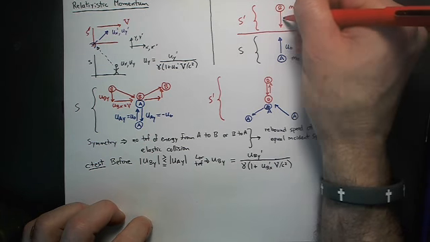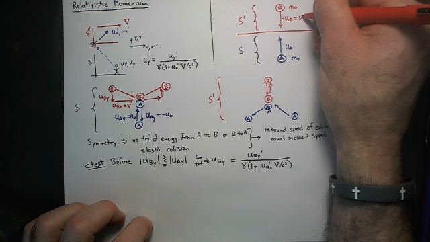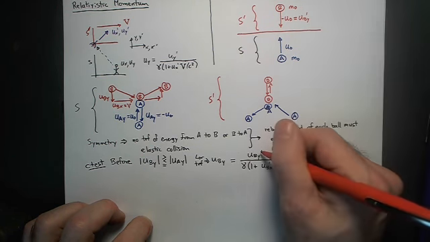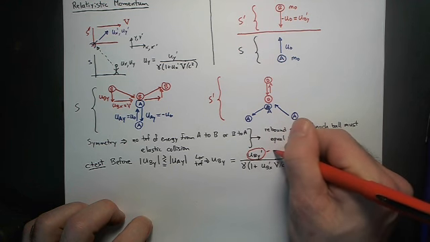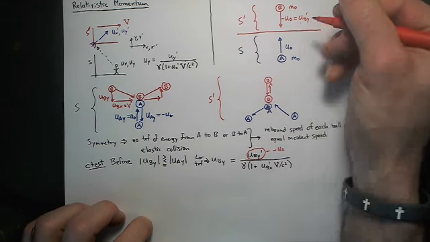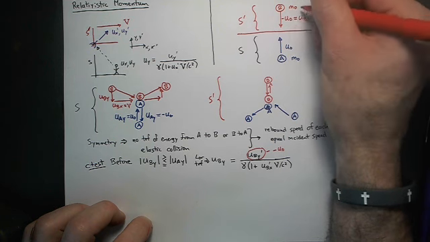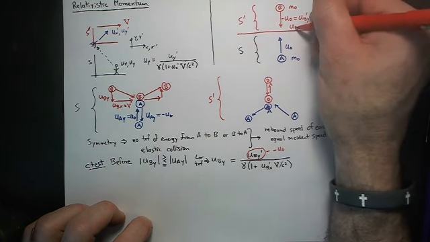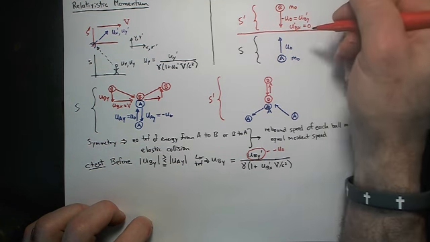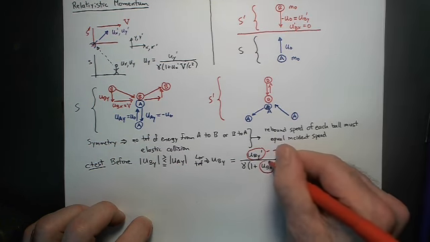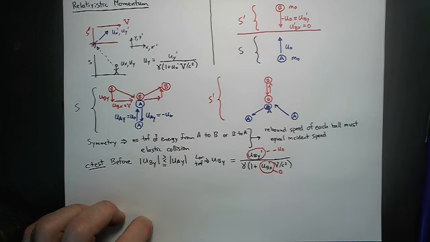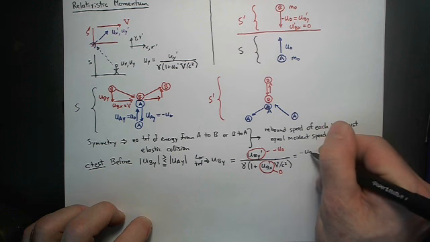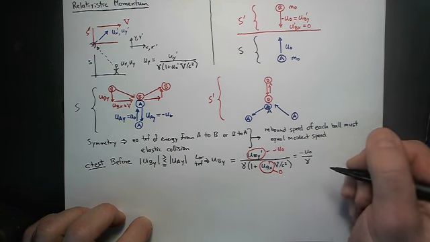So that would be negative u naught because it's going down. u_bx prime, which is the velocity of the ball in the x direction before the collision, is just 0 because it's going straight down. So that means that u_by is equal to minus u naught divided by gamma.